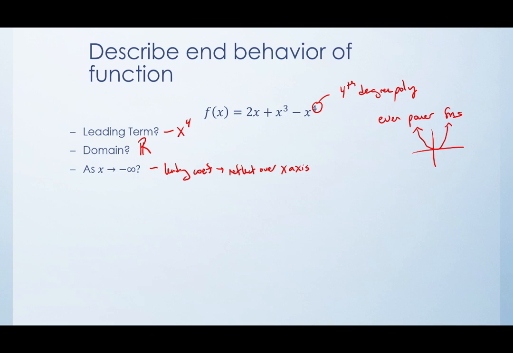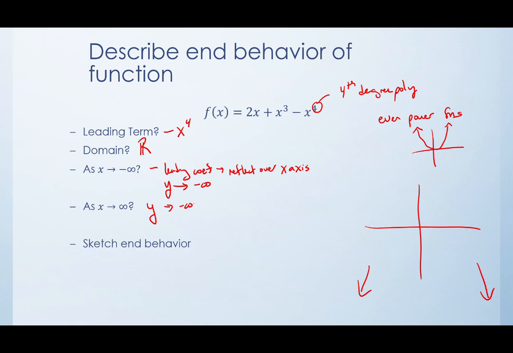So we know that as x goes to negative infinity, y will go to negative infinity. We know it's going to be reflected over the x-axis, so y will be going to negative infinity whether x is going to positive infinity or negative infinity. So we're going to write that.